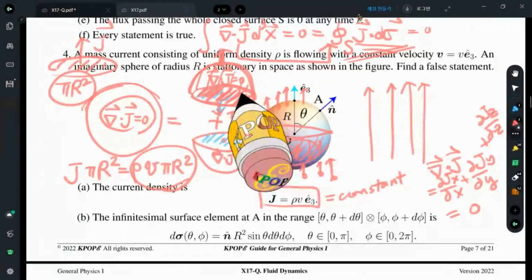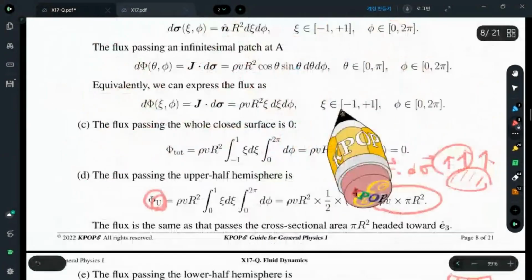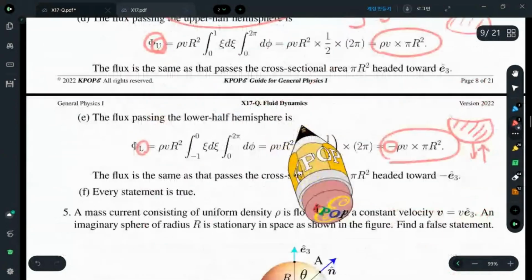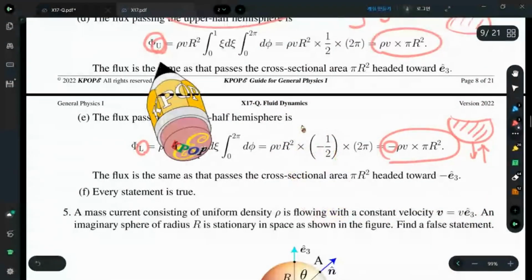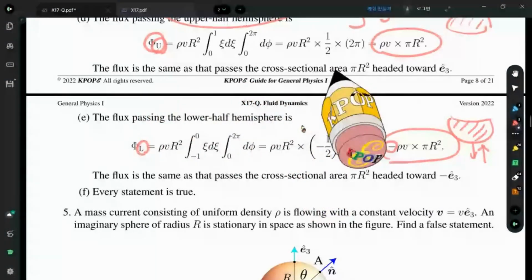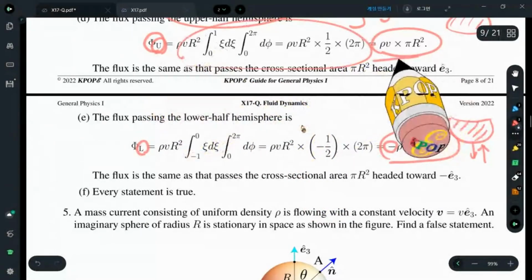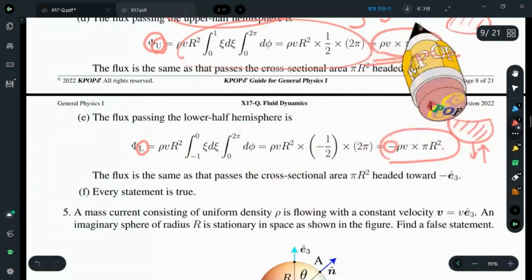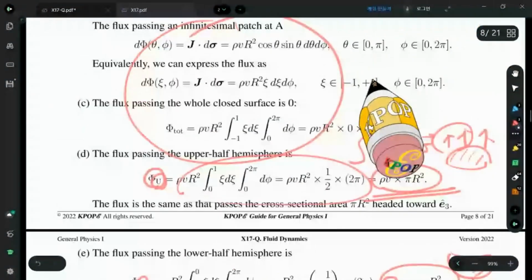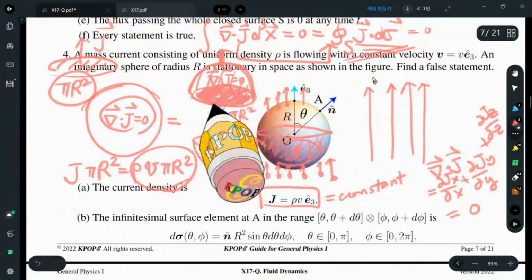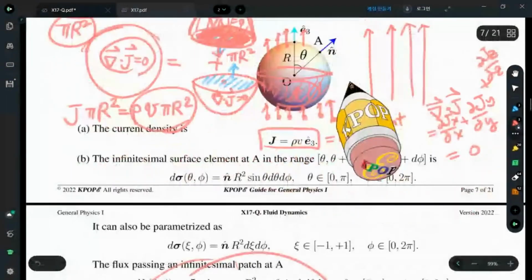As a result, without carrying out this complicated integral, I can make use of the divergence theorem to say that rho v pi r squared is the answer, by using this simple integral over a flat disk. Okay?